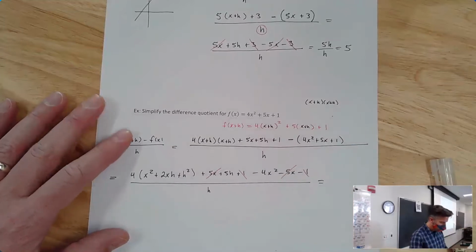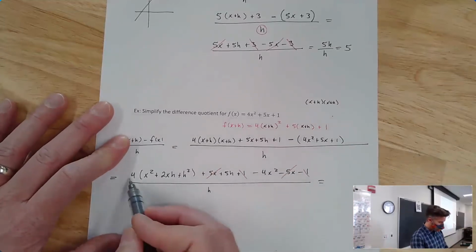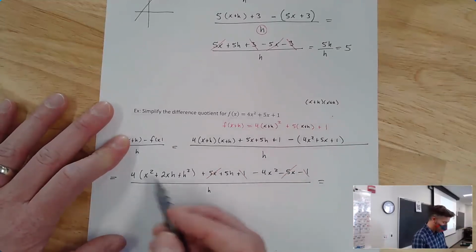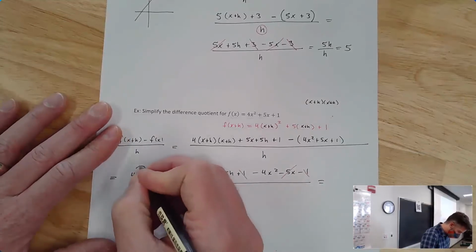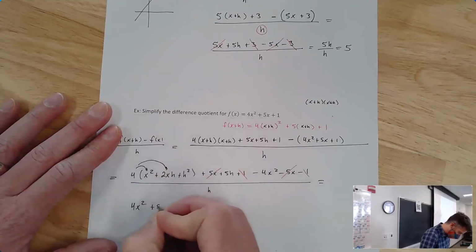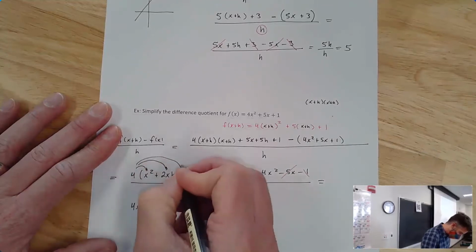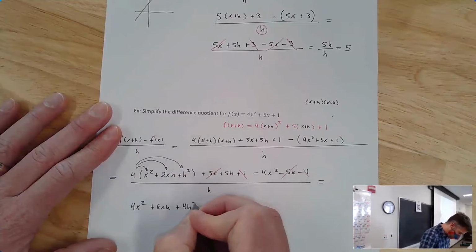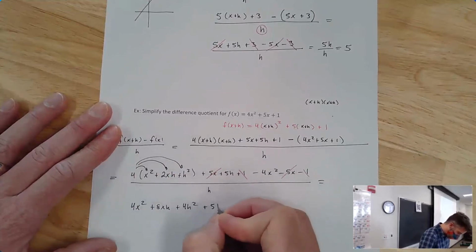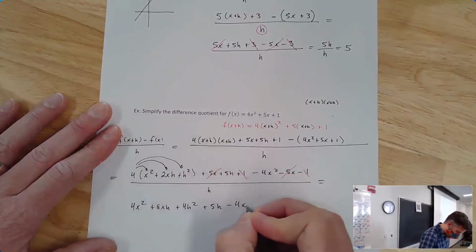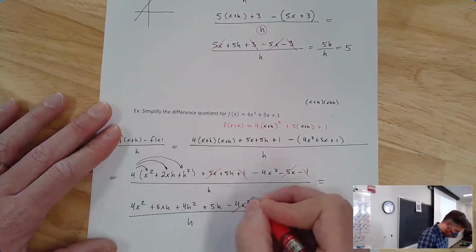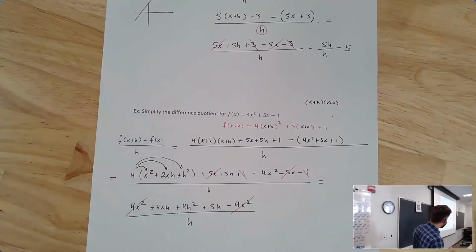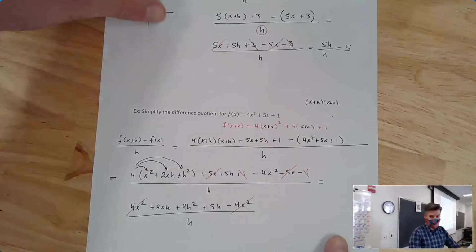All right, good. I can't cancel the 4x squared yet because I have to distribute this 4 before I can do that. So the next step, I'm going to get 4x squared plus 8xh plus 4h squared. And then I still have a 5h and still have a minus 4x squared. Now the 4x squareds cancel, and everything that's left in the numerator has an h.